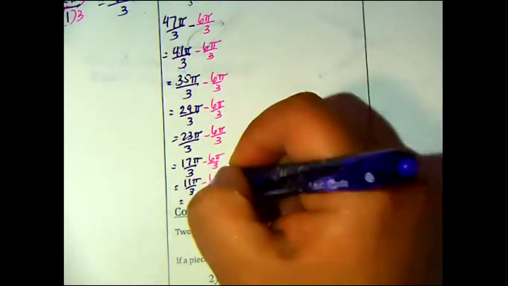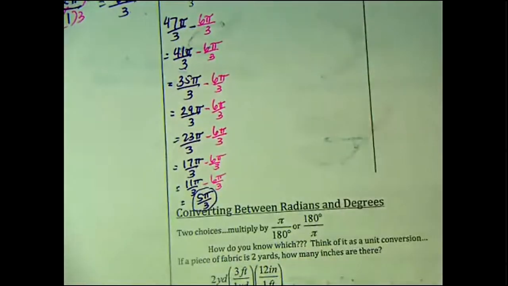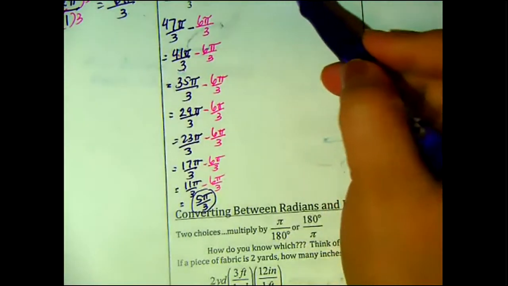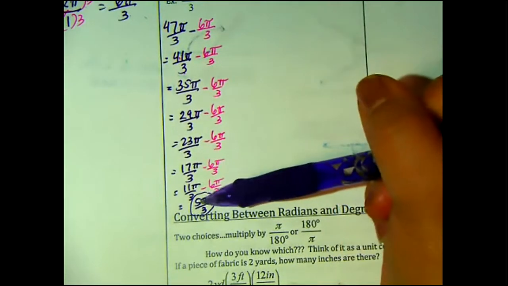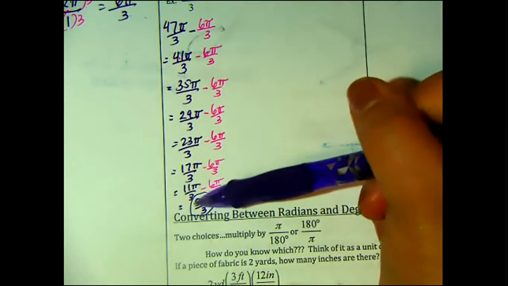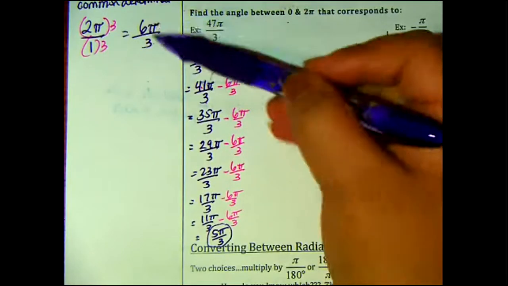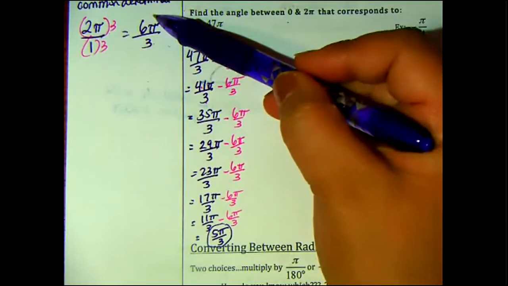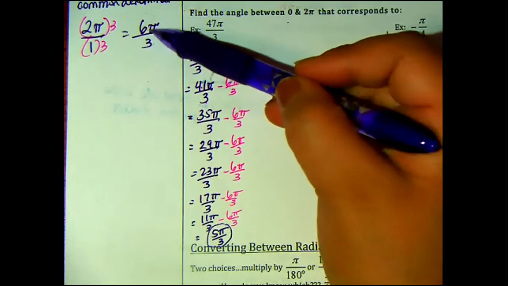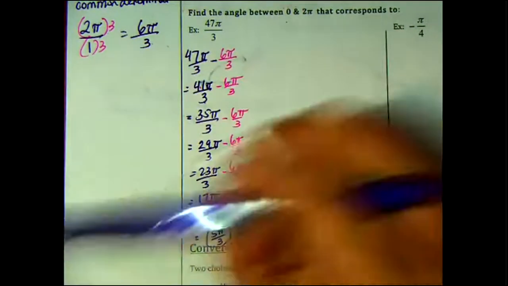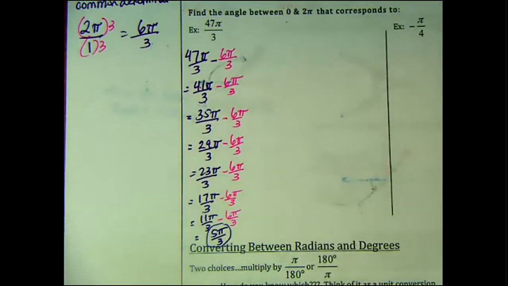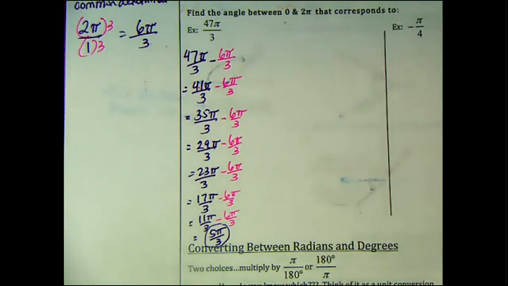Okay, so we finally have the corresponding angle that is between 0 and 2 pi. And I know this because this number right here is less than this 6 pi over 3, right? Because this is our 2 pi. So any number less than this 6 pi is going to be less than 2 pi there. So how many revolutions is that?